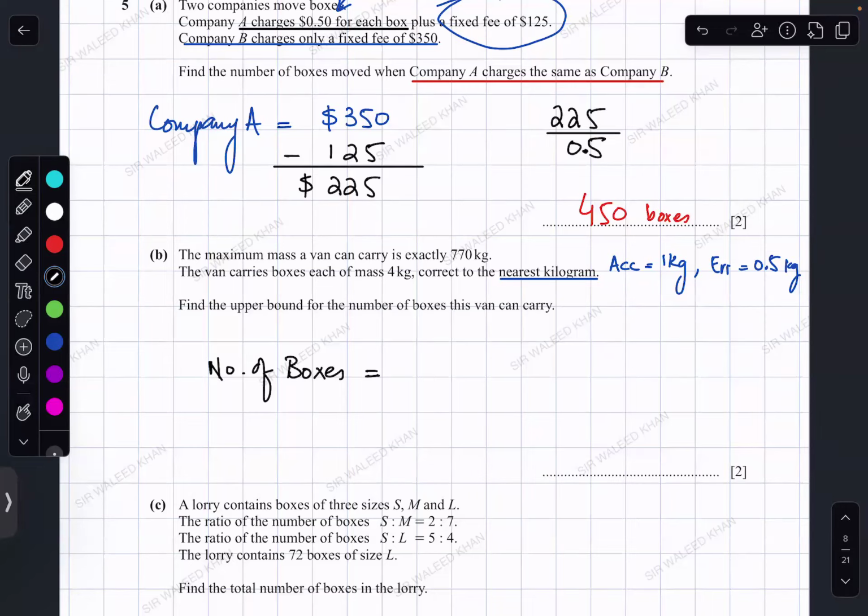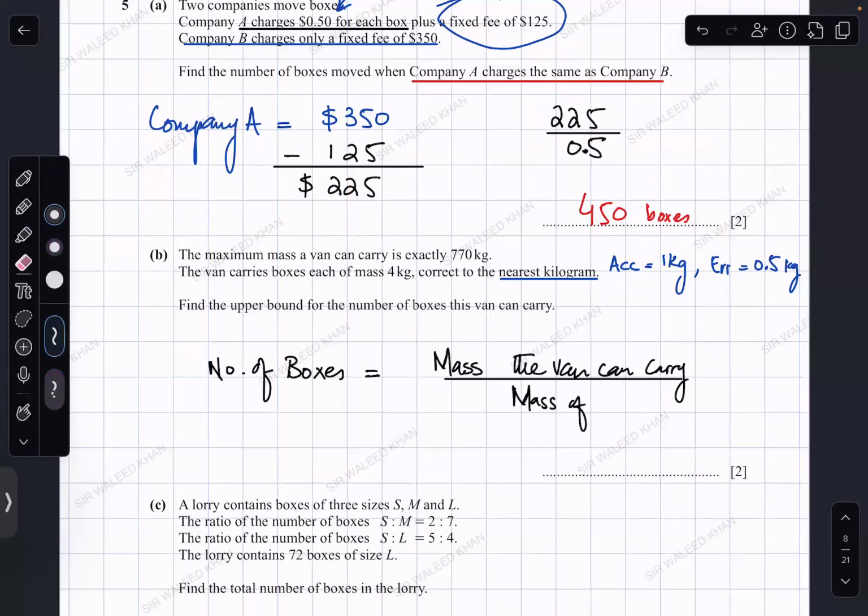So that should be the mass the van can carry divided by the mass of box, right?